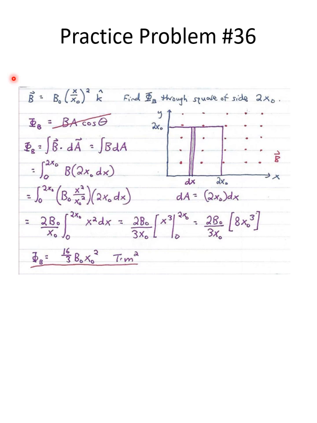So B is changing, and so we can't just simply use BA cosine theta. When any of those components are changing, we have to go to this equation using calculus and find that the flux is the integral of B dotted with dA, which in this case is going to be the integral of B dA.